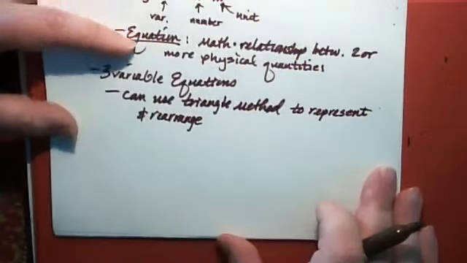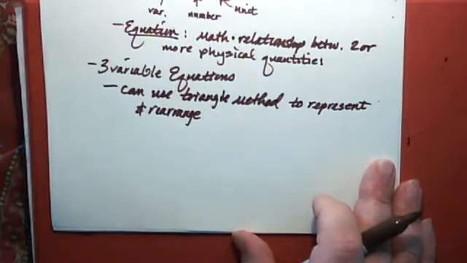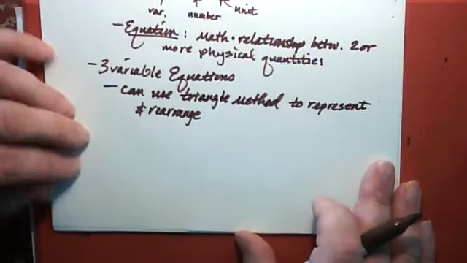The triangle method actually makes it really easy to rearrange three variable equations. The catch is that you have to remember how to set it up in the first place. A lot of people tend to set them up incorrectly, and if you set them up incorrectly in the first place, then it basically screws up everything from that point on with that particular equation.